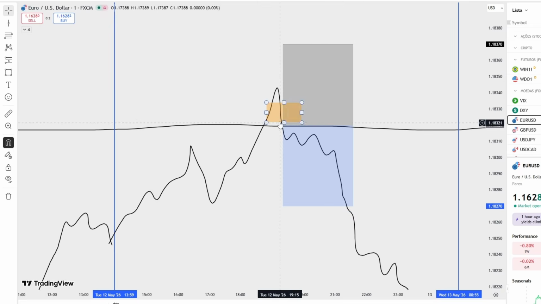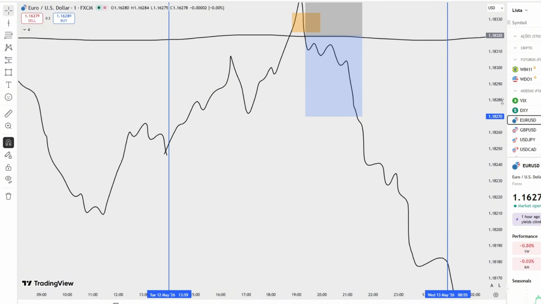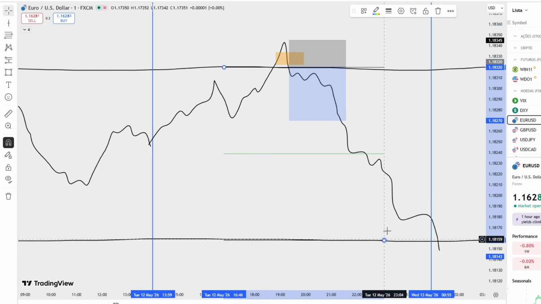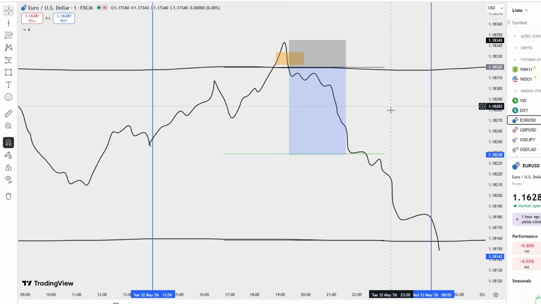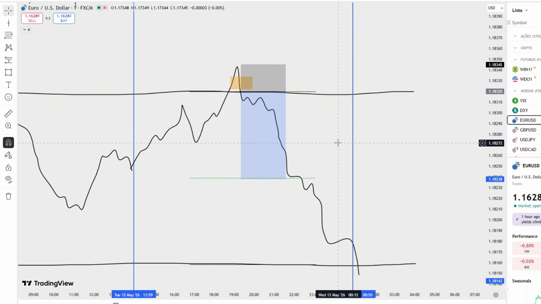When the candle closes out of the IFG, broken the IFG, stop above the high, of course, and target the 50%. Grab your tool, measure the 50%, and just go for the 50%. It's simple as that.